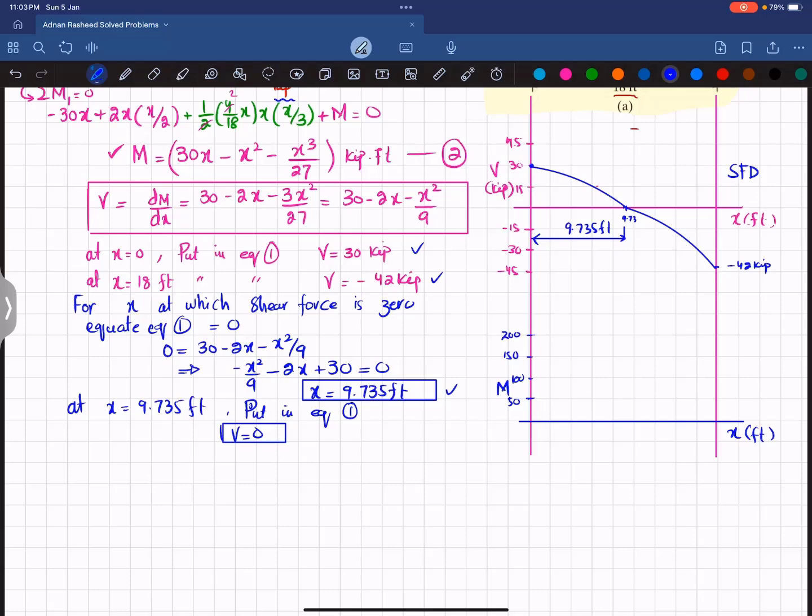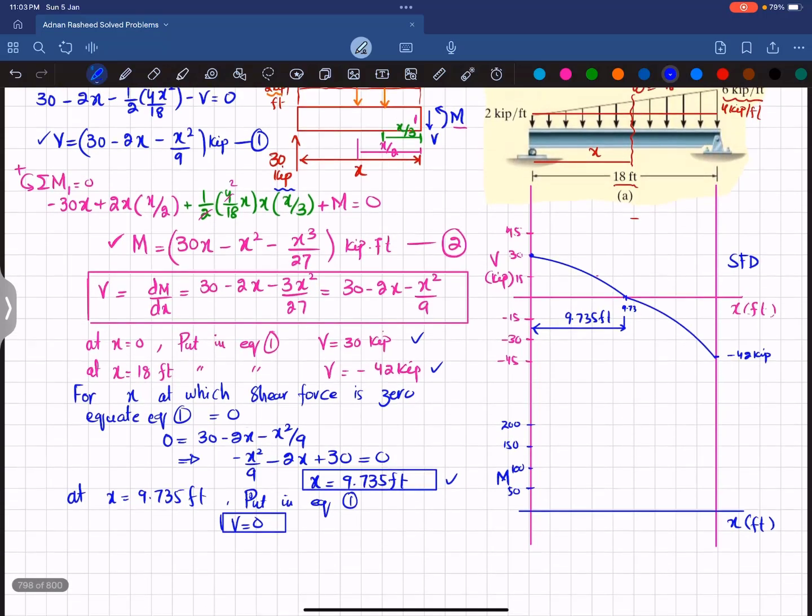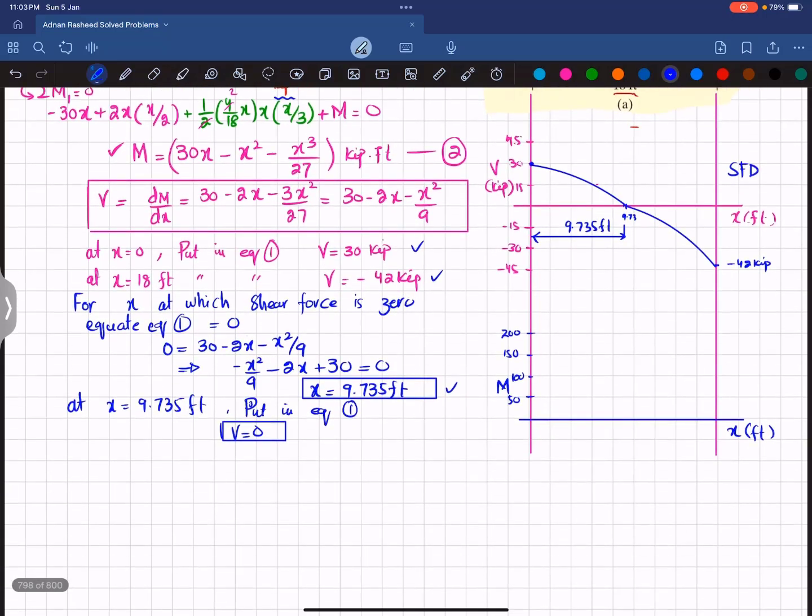Okay, we have the equation for the moment, this one. We will find the moment for x equal to 0. If you put x equal to 0, all the terms will be 0, so the moment will be equal to 0.